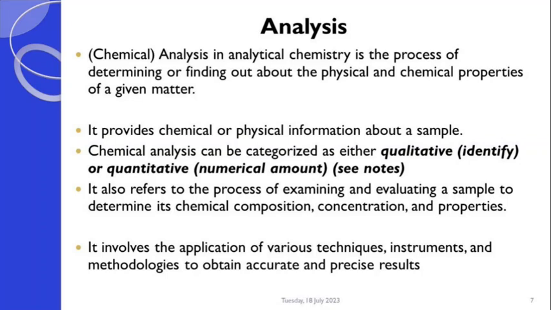When you are analyzing any matter, you are going to employ various techniques or methodologies, and you do so in order to obtain accurate and precise results. Because as an analyst, you want to make sure that whatever information you are getting whilst looking at the various aspects of a sample should be the correct one.